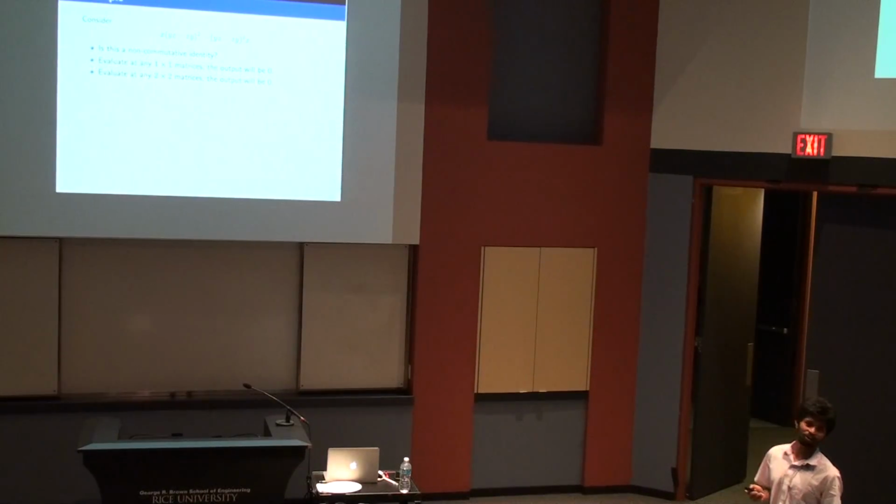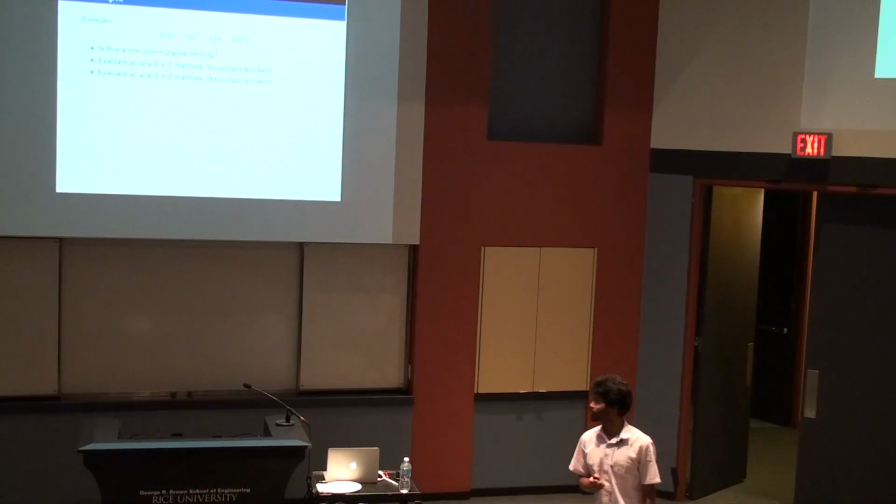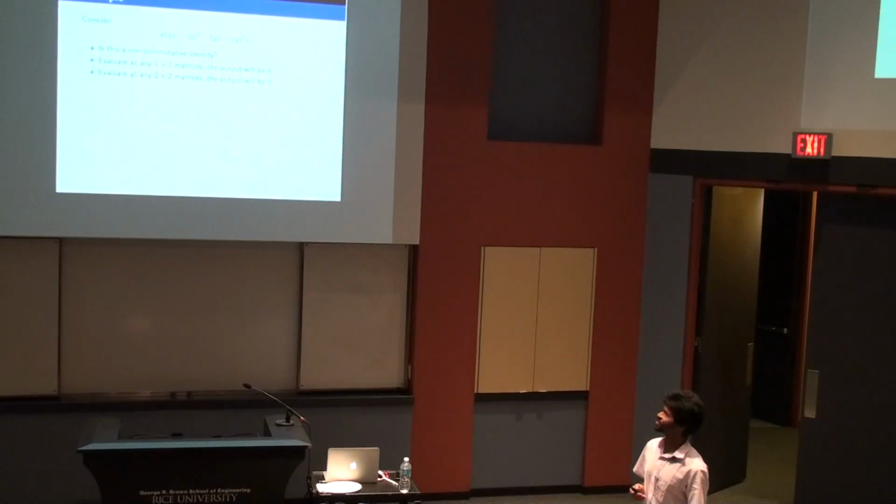Can I find 2 by 2 matrices that give me something that's non-zero? This might actually be surprising, but what do you think? Do you think you can find 2 by 2 matrices so that this output is non-zero? You cannot. Whatever 2 by 2 matrices you have for x, y, and z, this is always going to be 0.